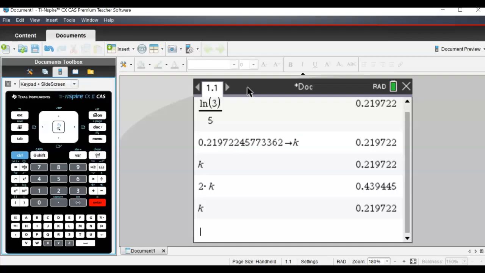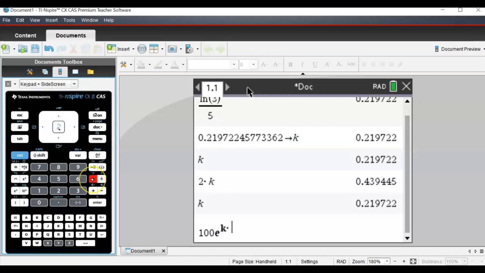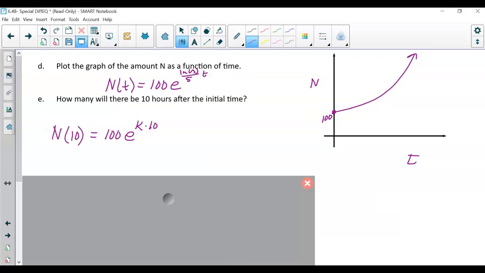So I would come back to my calculator, and I would say, what is 100 e to the k times 10, enter. Oh, there's 900, exactly 900 bacteria. So I would come back here and I would say 900 bacteria equals my n of 10. Okay?